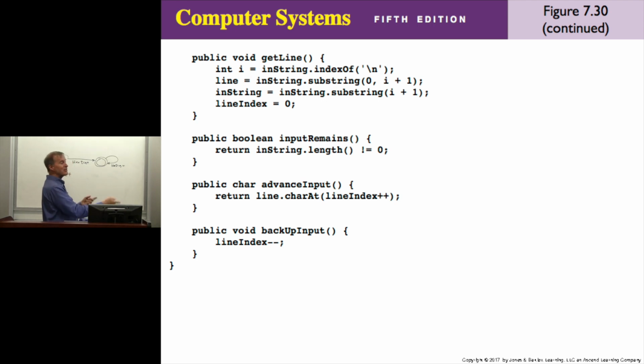But now what are we going to do to in string? Get rid of the first line of in string. Yeah, we're going to get rid of the first line of in string. Oh, like delete it. Yeah, well, yeah. When you say substring i plus 1, that's from i plus 1 to the end. So everything but the first line. So in string is going to get everything but the first line of in string.